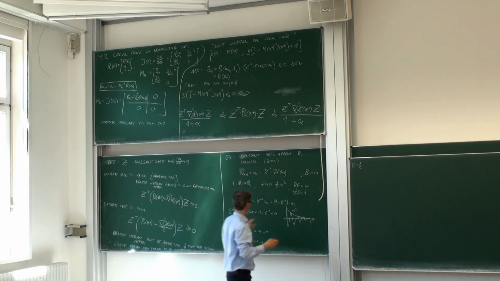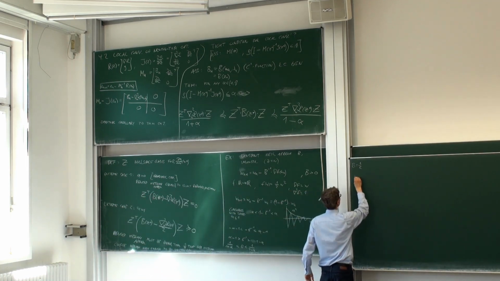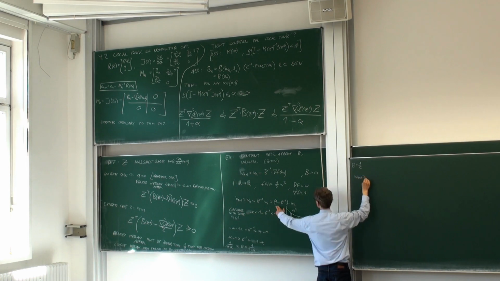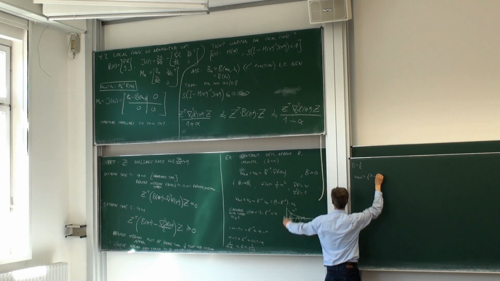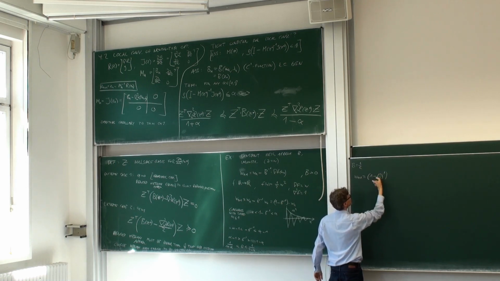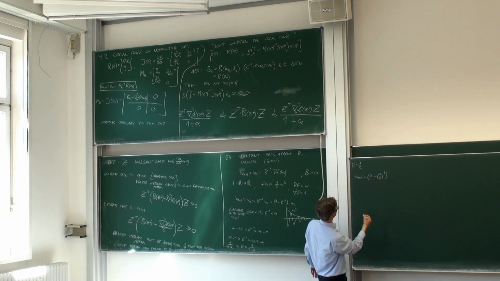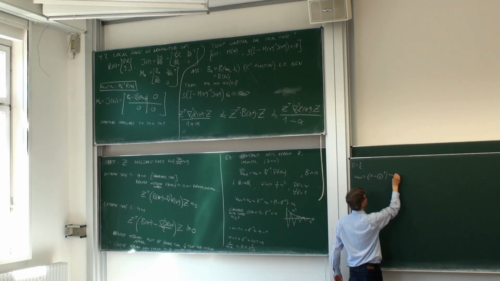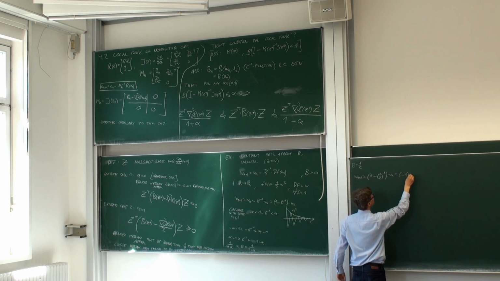What will be our iteration? Our iteration will be wk plus 1 equals 1 minus b to the minus 1, which is 1/2 to the minus 1. It's actually 2, right? Times wk. So it means actually minus 1 times wk.